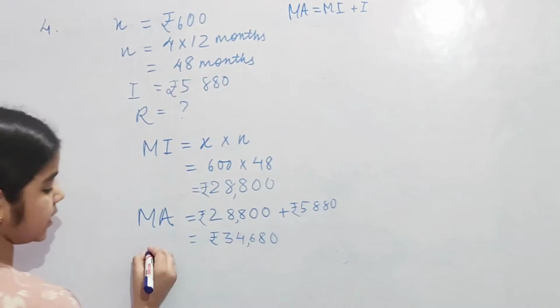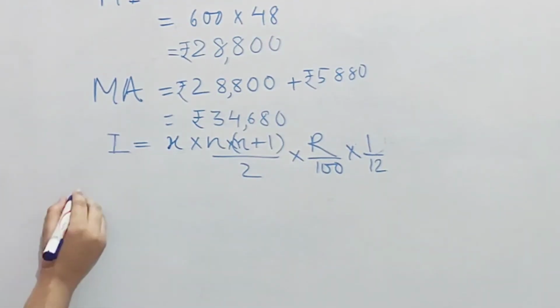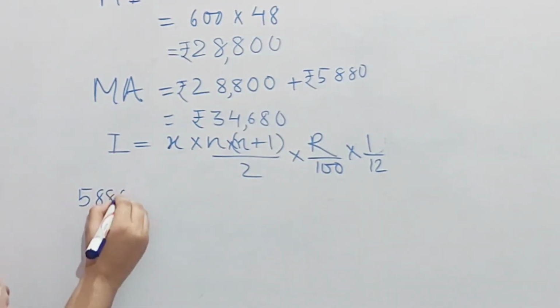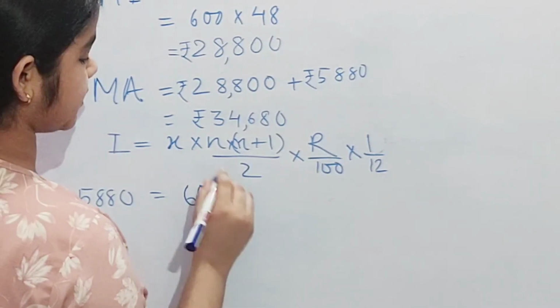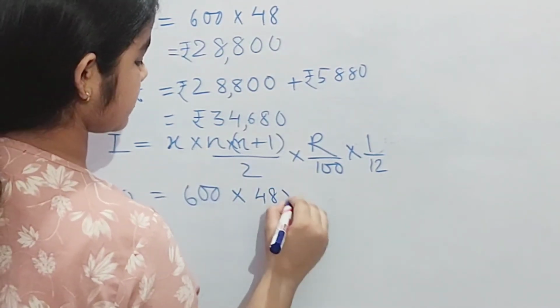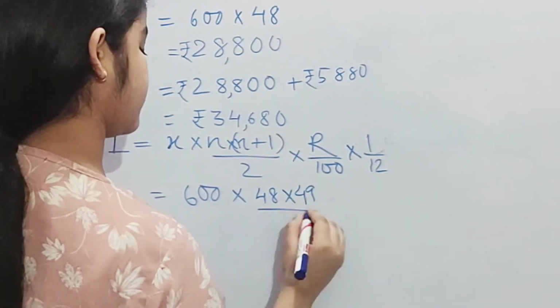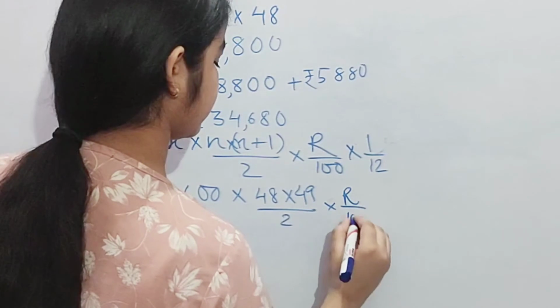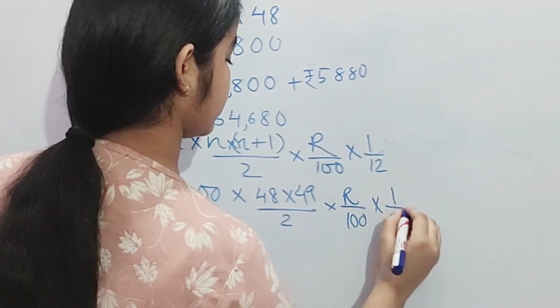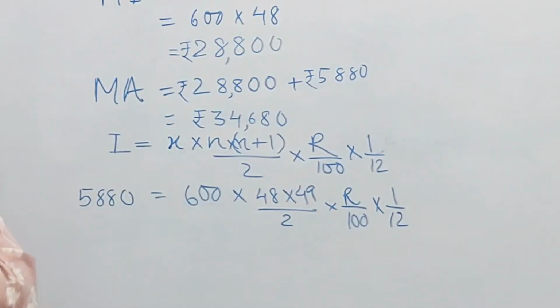Now you know the formula of interest. We have the value of I, we have the value of X, we have the value of N. We don't have the value of R, therefore we'll keep it as it is. Now let's cancel.